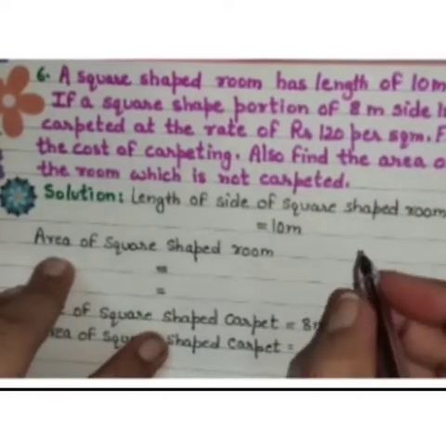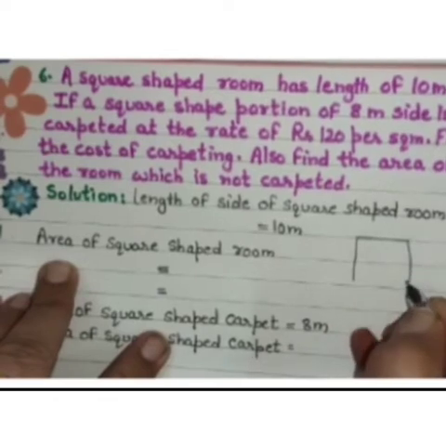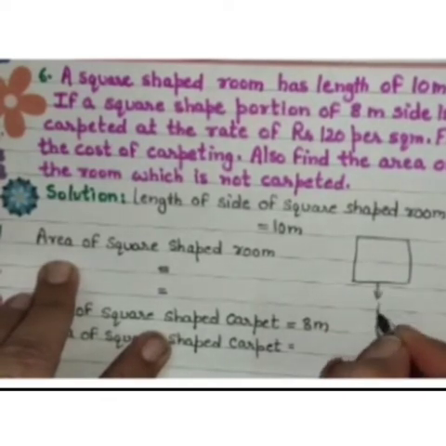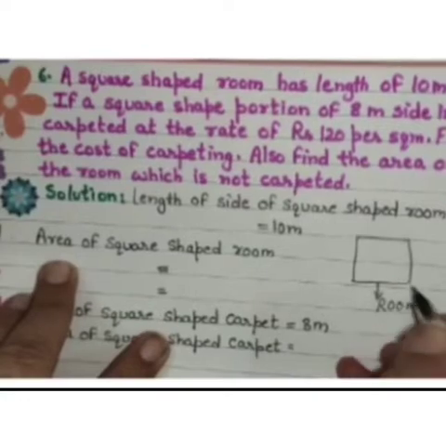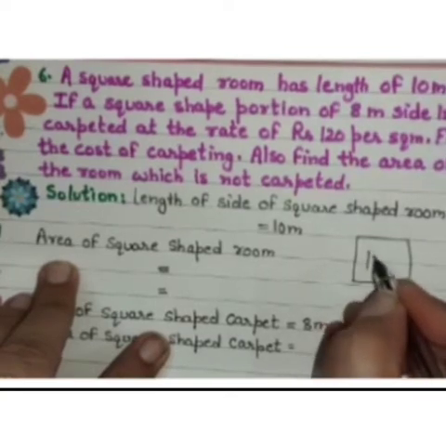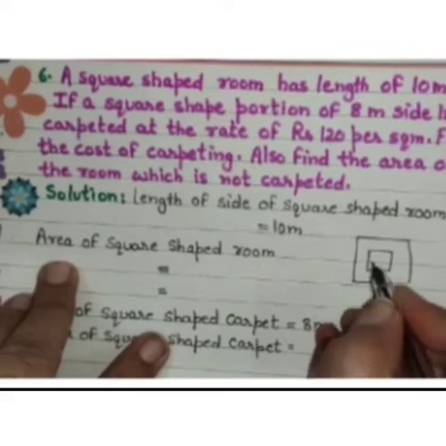Now, in this question we suppose that this is a room. Suppose this is a square shaped room. This is the floor of room, we can say, and carpet of a square shape whose side is 8 meter. This is carpet.